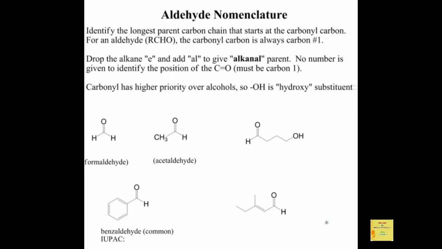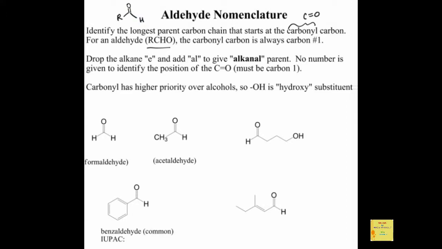Now let's move into compounds that have carbonyls, CO double bond. The carbonyl is what we call a CO double bond, and there are many functional groups that contain carbonyls. The first one we'll talk about is an aldehyde, and an aldehyde has the formula here RCHO. We have a carbon chain on one side and a hydrogen on the other.